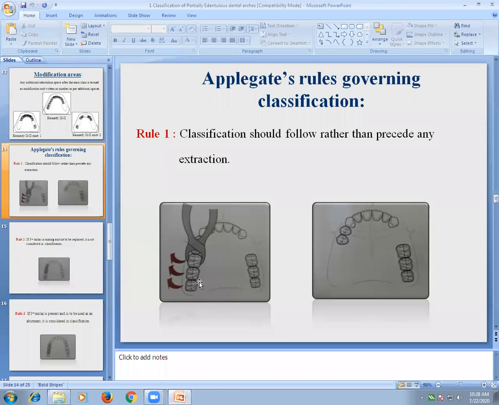That means we should plan the extraction treatment first, and after that plan the classification and treatment of the individual partial arches. The classification should come after the extraction of the needed roots.